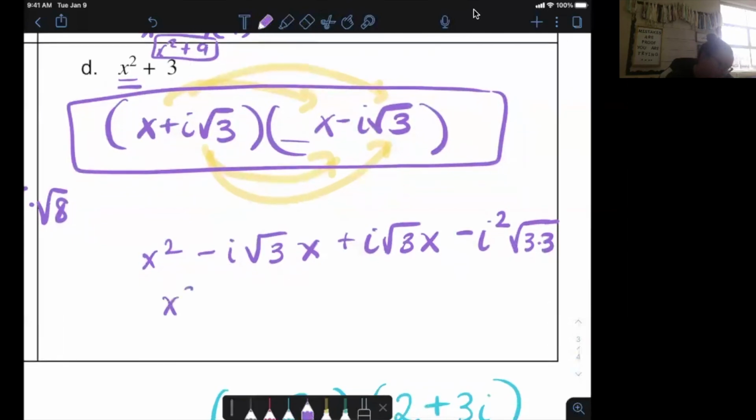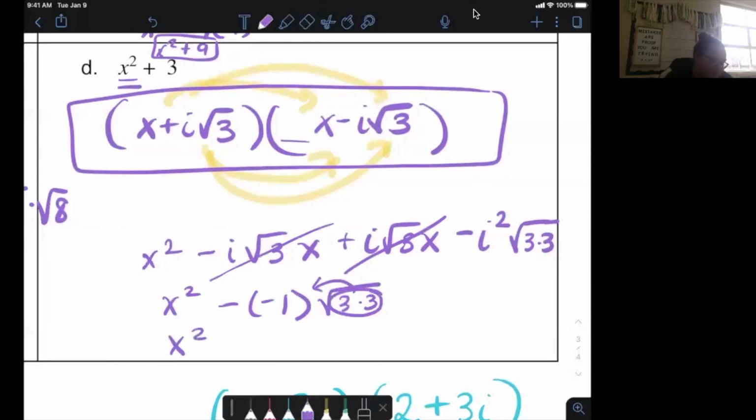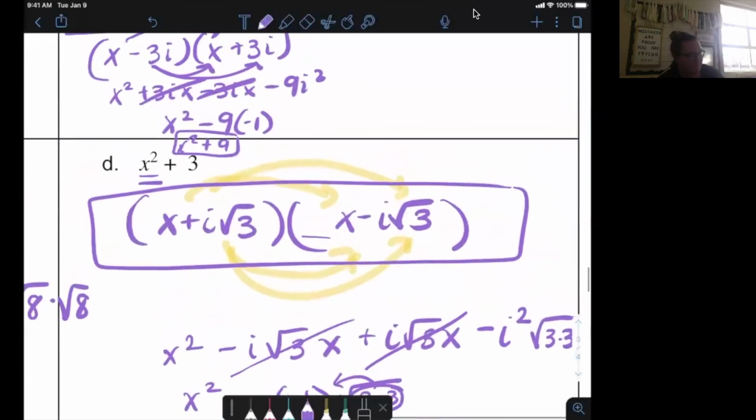So we get i squared. Our middle terms cancel. Negative times negative 1, root 3 times 3. I'm going to bring that 3 out in front of the radical. Negative times negative 1 is positive, and we get positive 3, which matches our problem that we started with. So here we go, we did it.